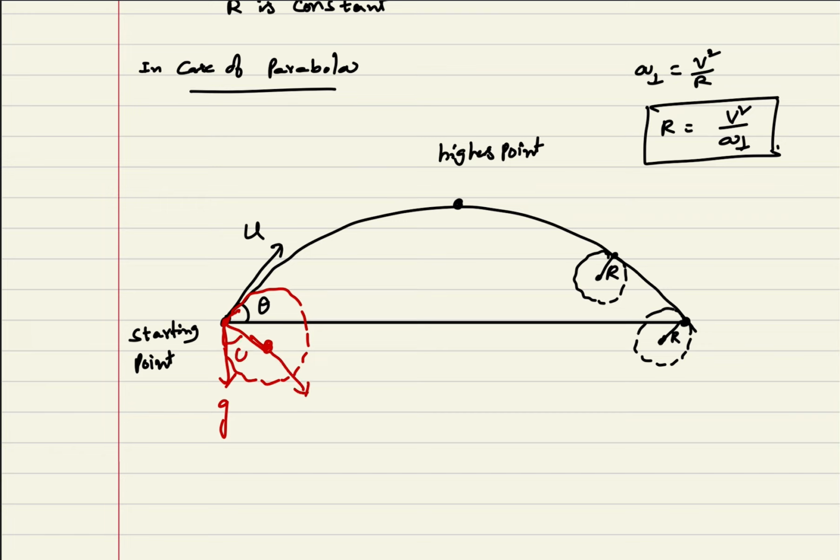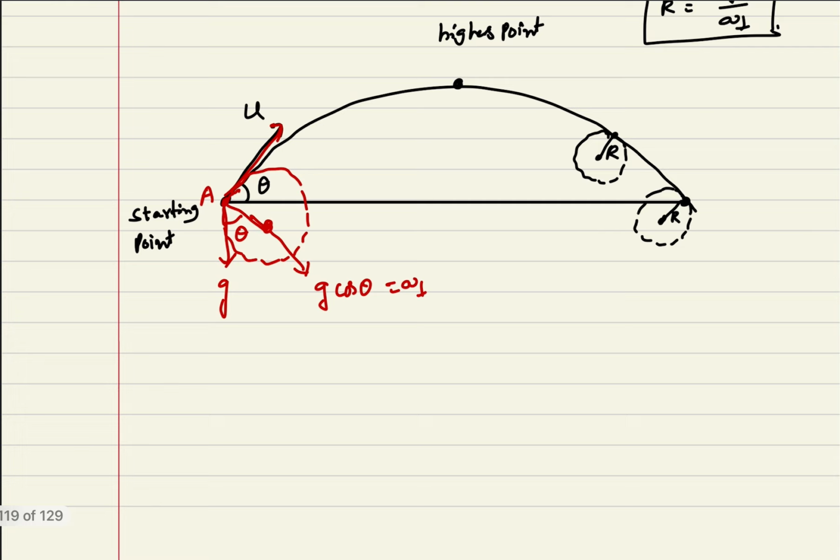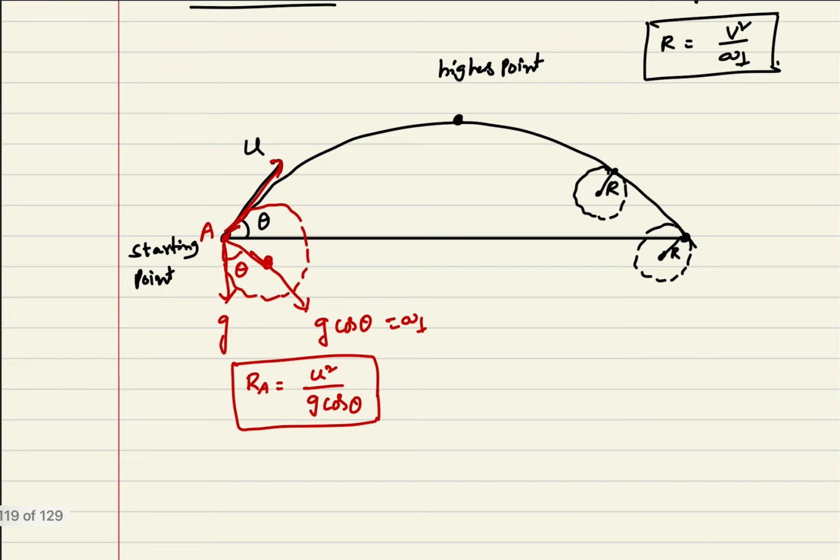The acceleration at this point, g cos theta, is the perpendicular direction. Taking this as point A, the radius at point A is equal to u square divided by g cos theta. This is the radius of the parabolic path at point A.